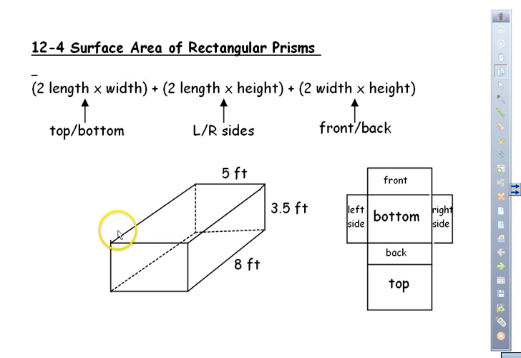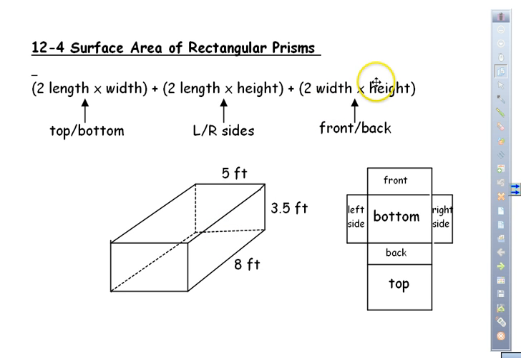If you notice, the top and the bottom surface, both of them are congruent to each other. So there's no need to find the area of both of them. You just need to find it for one, and then that's why you multiply it by 2. So 2 times the length times the width, plus 2 times the length times the height, because the length and the height would be the right side and the left side.